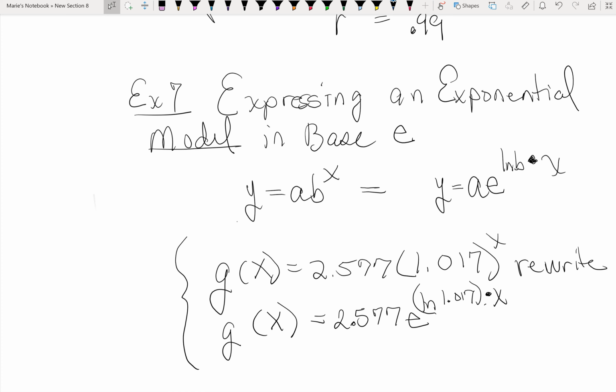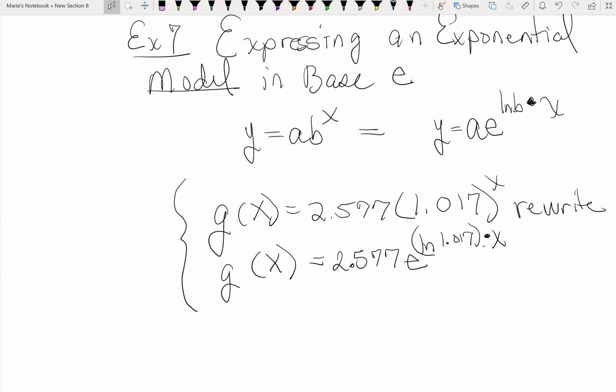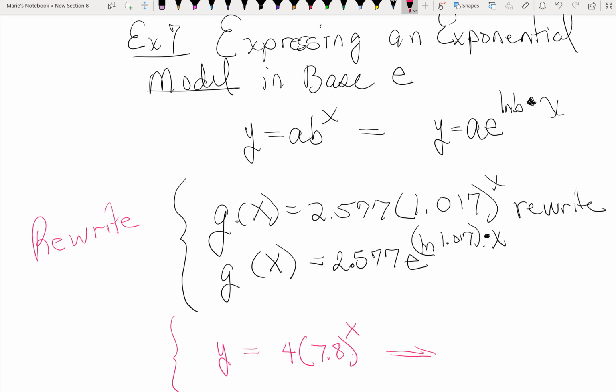If I gave you another one to try, just for the sake of making sure that you got this. These are called rewrite, basically, as an instruction. So I'm going to ask you to rewrite this one, where we have y is equal to 4 times 7.8 raised to the x. We're going to rewrite this in terms of base e.